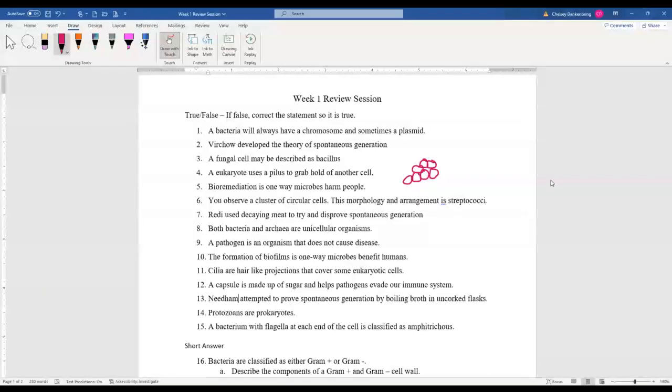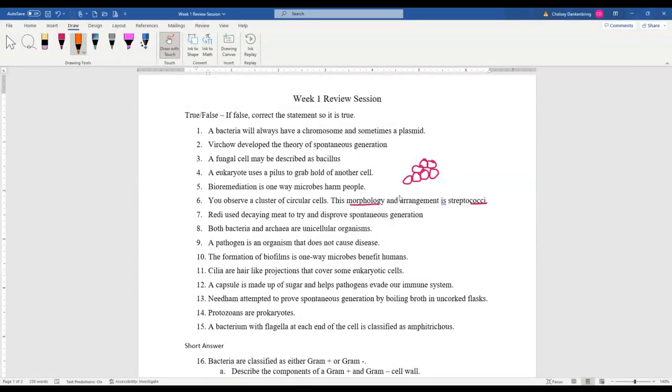Here's something that I see a lot on the unknown report. You will hear this later. Morphology is written as one word most of the time, even though I always ask for the morphology and arrangement. Morphology is listed first, but it's actually the second half of that kind of merged word.